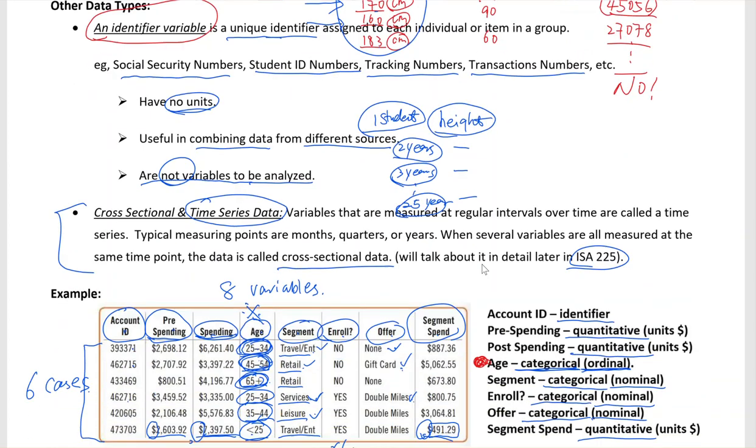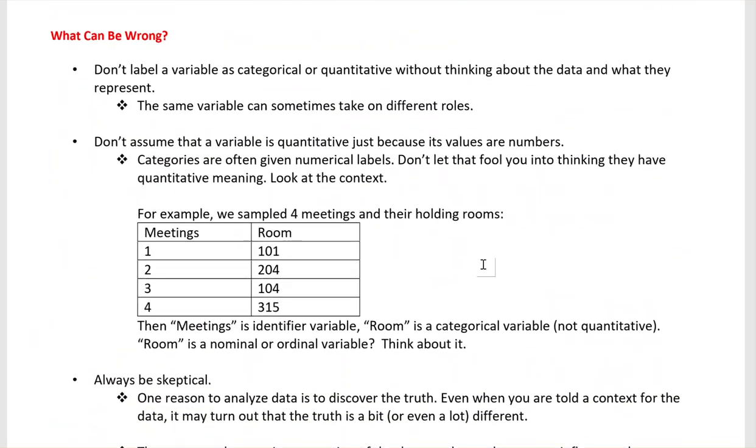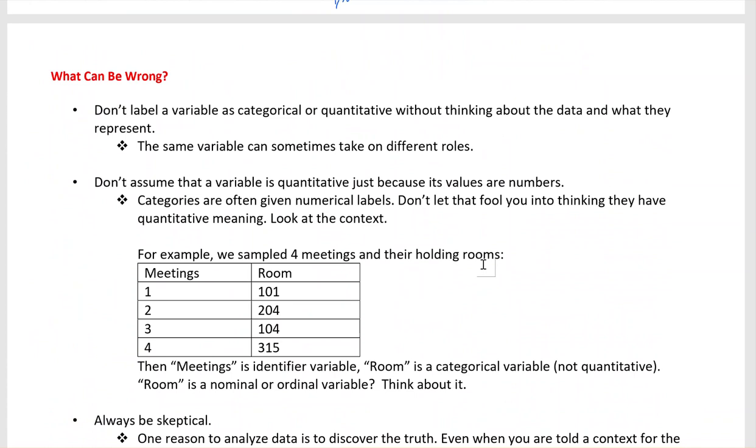There are several things you need to be careful about when you identify a variable as categorical or quantitative. So now let's talk about what can go wrong when you think about the types of the variables. First, do not label a variable as categorical or quantitative without thinking about the data and what they represent. The same variable can sometimes take on different roles.